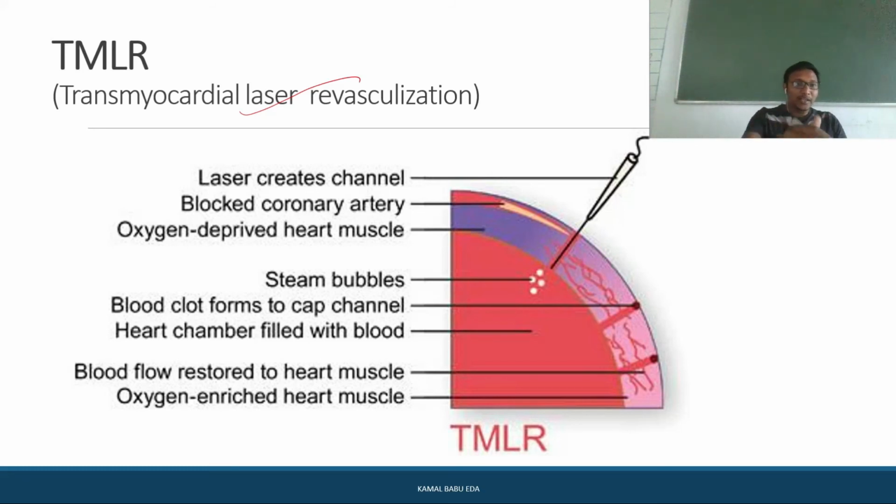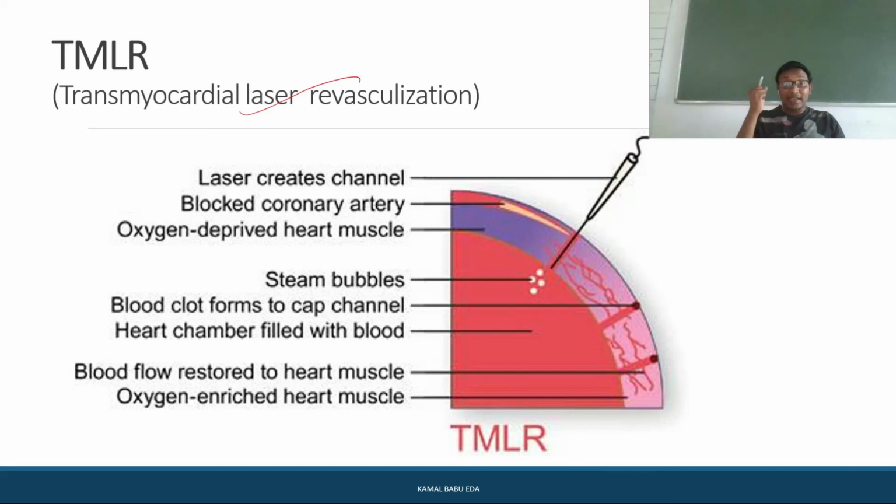Here the name itself says transmyocardial laser revascularization. What is revascularization? If a part of the heart or a blood vessel is not getting blood supply, and the blood is re-entering that part, we call it revascularization.